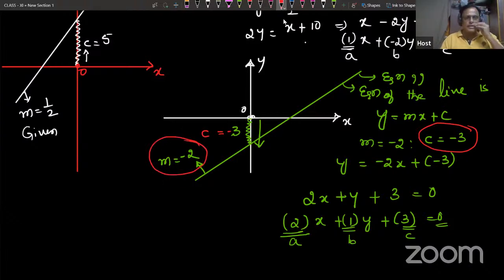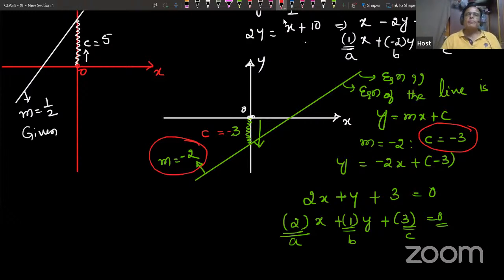Sometimes the inclination will be given. Once you know the inclination, it's very easy to find the slope: tan of inclination. Again I'm repeating the definition: if a line has inclination theta, then tan theta is known as the slope of the line. So be careful, always remember what data is given.